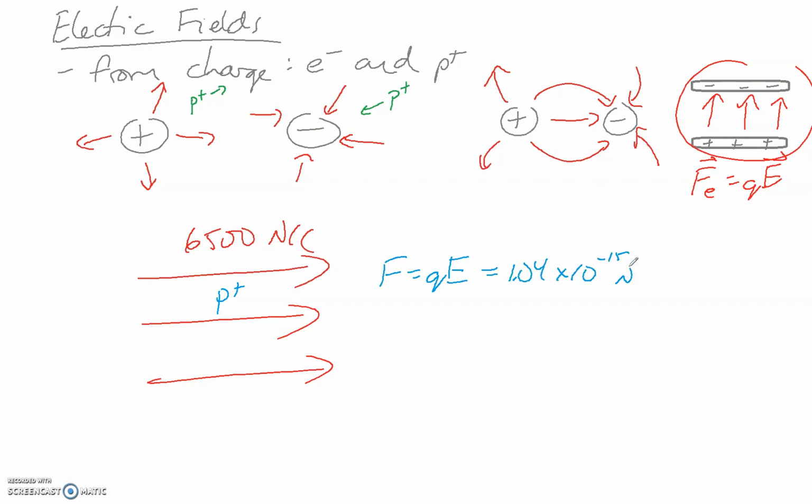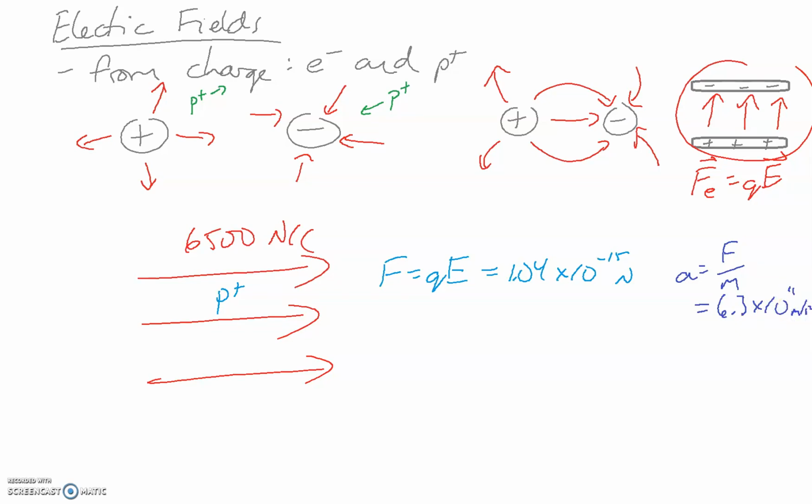That doesn't seem like a lot, except the mass is so small for a proton. When you extend this and find the acceleration, you do force divided by mass. You take that really small force of 1.04 times 10 to the negative 15, and divide by the mass of the proton, which is 1.67 times 10 to the negative 27, and you get an acceleration of around 6.3 times 10 to the 11 meters per second squared.